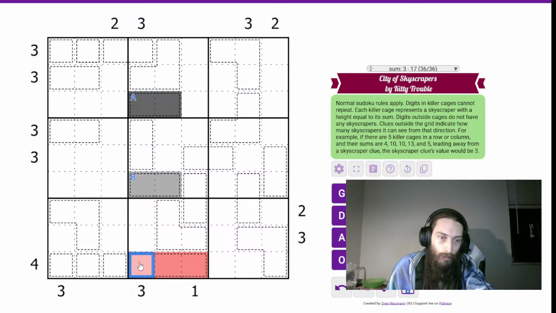A, B, C, D, E, F, G, H. Well, F is... you put A, that's the tallest one in that row.